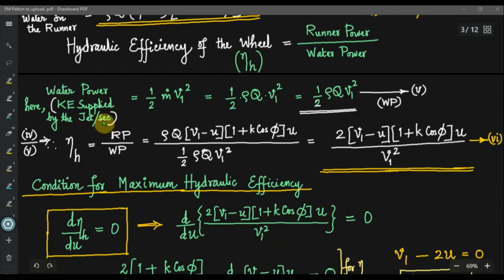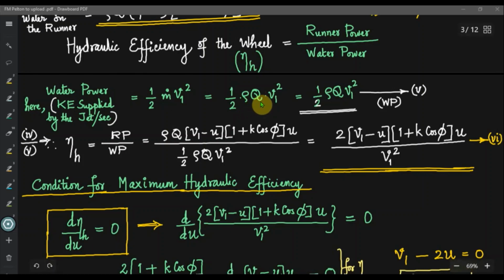Because the entire energy available with water is converted to kinetic energy before the entry to the turbine, or before striking the vanes on the runner. So water power here you can calculate by our familiar equation, half m dot V square, where m dot is the mass flux, which is of course rho into Q. What is Q? Q is the flow rate.